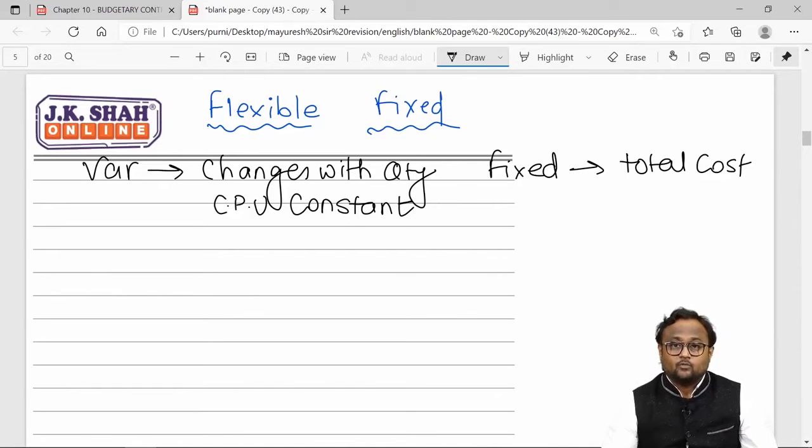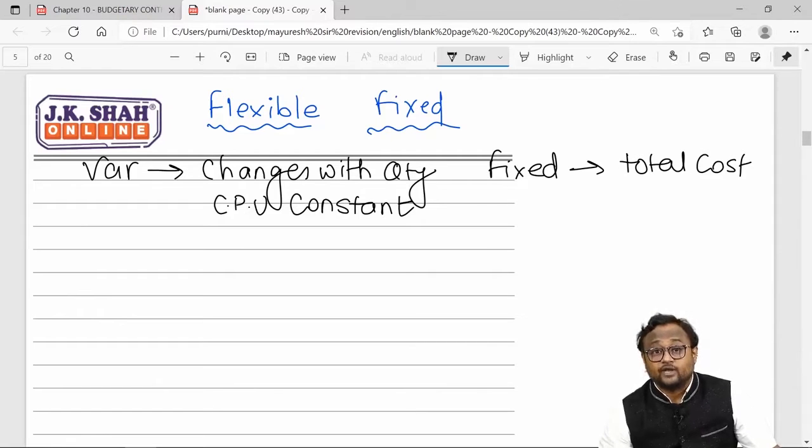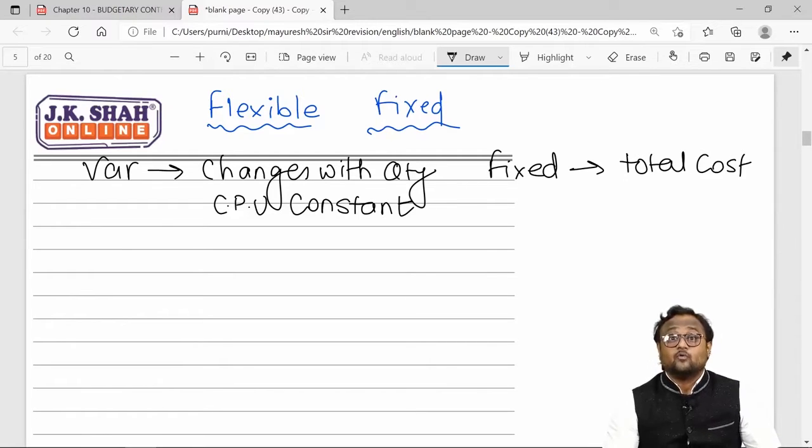Focus only on CPU when it comes to variable cost. Focus only on total when it comes to a fixed cost.